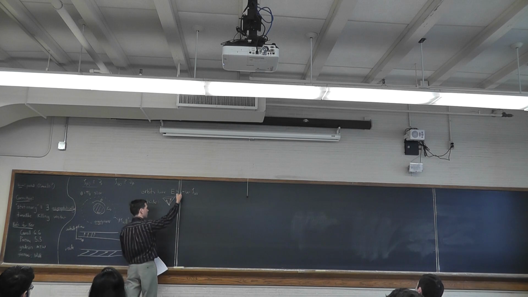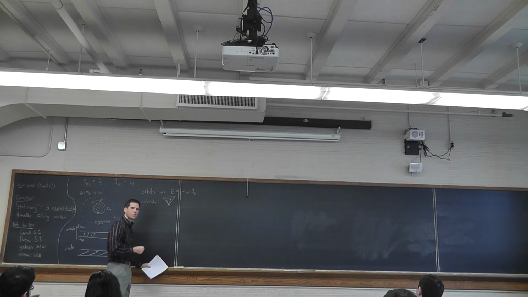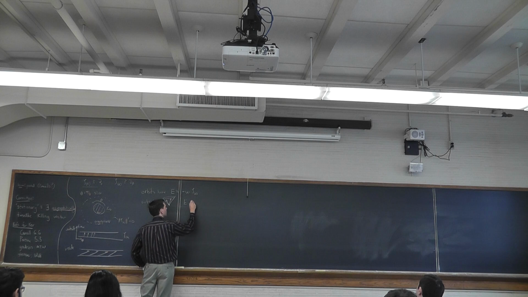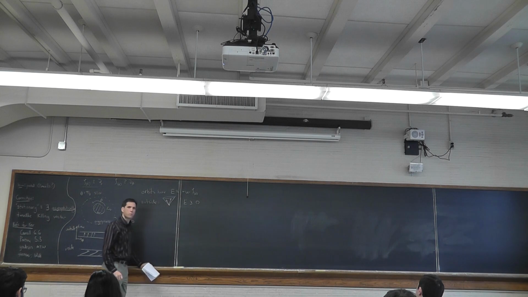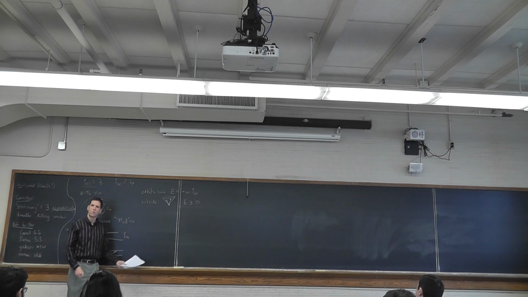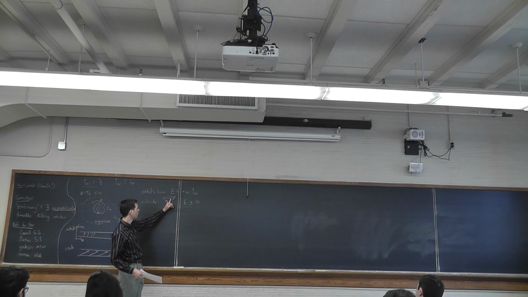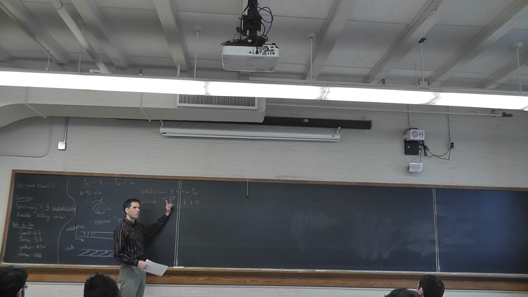That's why this minus sign is here, to account for the fact that g_tt is negative, and it ensures that E is greater than or equal to 0 when you're outside the ergosphere. Because the time-like Killing vector is pointing forward and the four-velocity is pointing forward, the inner product is negative, so E is positive.